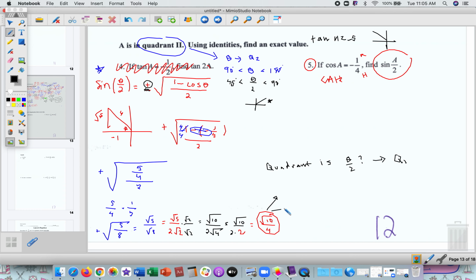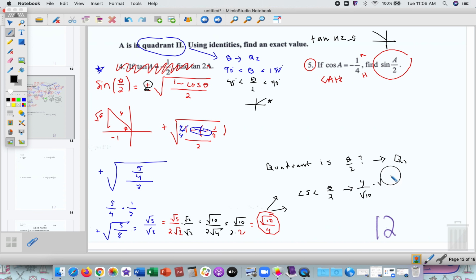If somebody says, find the cosecant of theta over 2, you work with the sine, because cosecant is the reciprocal. Once you get your answer for sine, you then just flip it. So I would rewrite this as 4 over root 10.